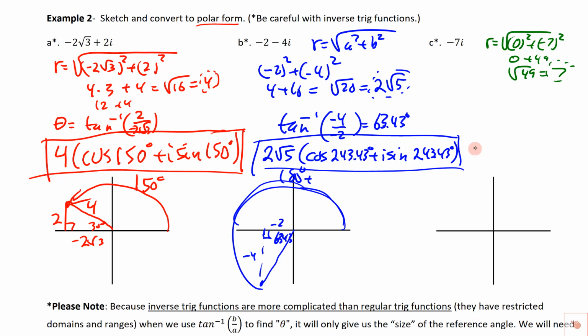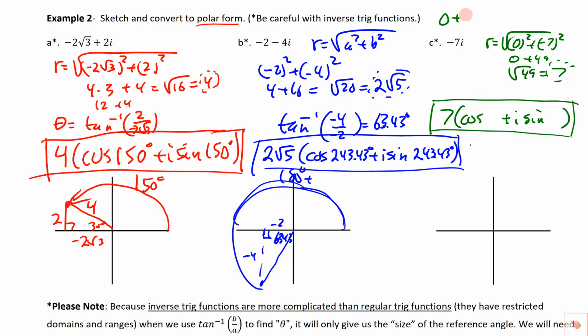So I'm going to go ahead and start writing down 7, and then parentheses cosine some sort of theta plus i sine same theta. So let's figure out what those are. I'm going to put a box around this, and let's see if we can have the calculator figure this out for us. This would be 0 minus 7i.